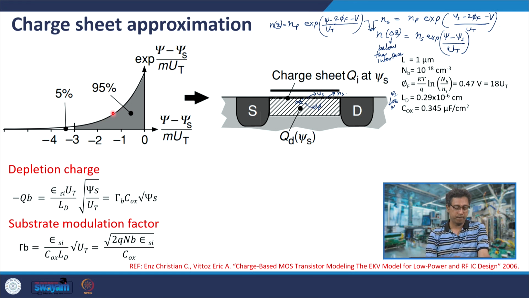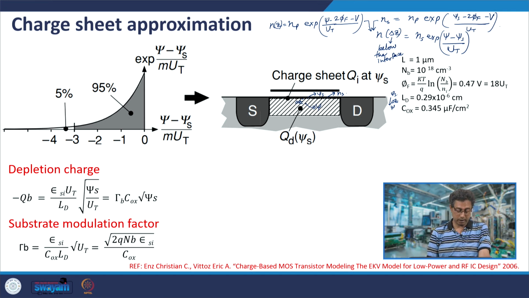Here it is 1 by 2 E if m is 1. M is 1 in moderate or weak inversion, as we had seen earlier. So, for a very small reduction in potential, a little below the interface, the inversion charge density reduces by a large amount. This suggests that the charge sheet approximation is quite accurate and we can use it in our further work.